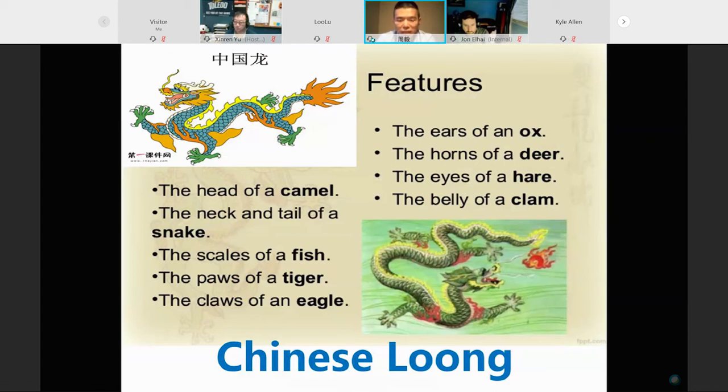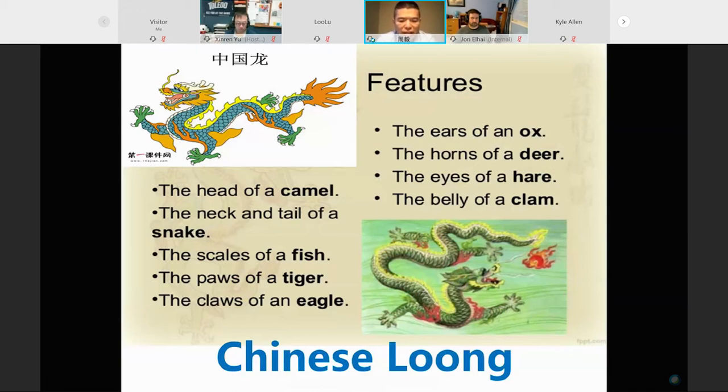A more snake-like creature whose body has nine resemblances. Since there are nine animals it resembles, which may be a method to underline its power.